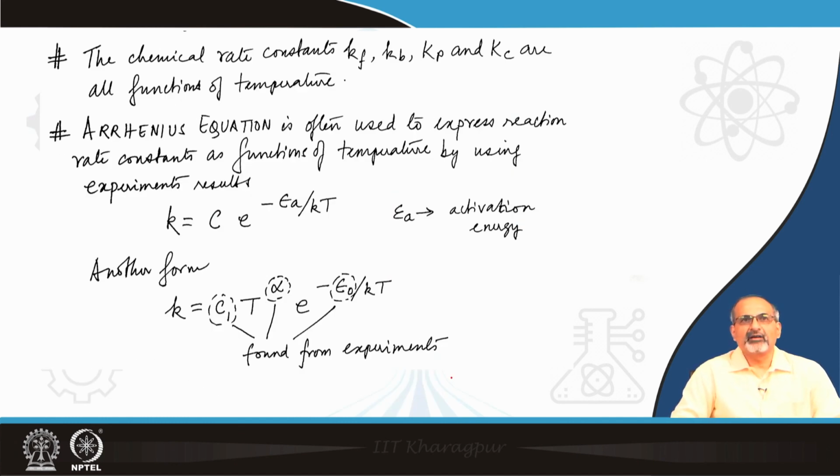So, the connections are recapitulated, which we have studied earlier, and we recall that all these constants that we are talking about, the chemical rate constants, are functions of temperature.